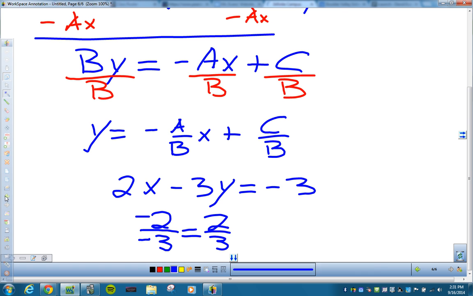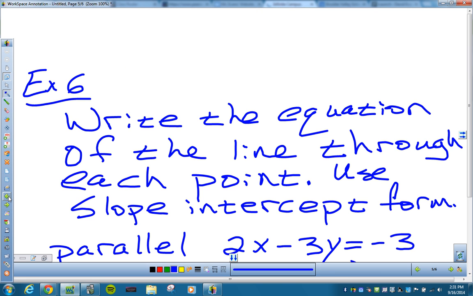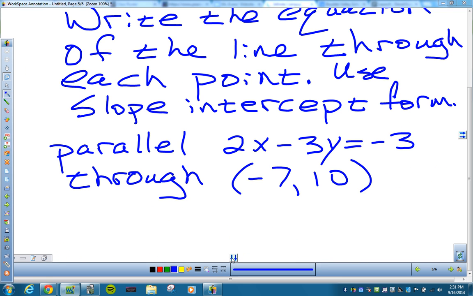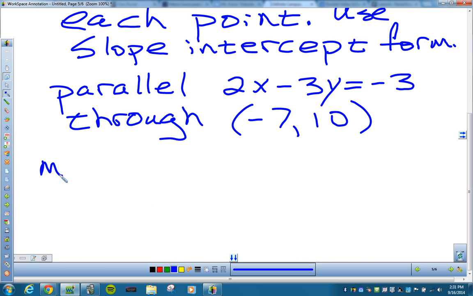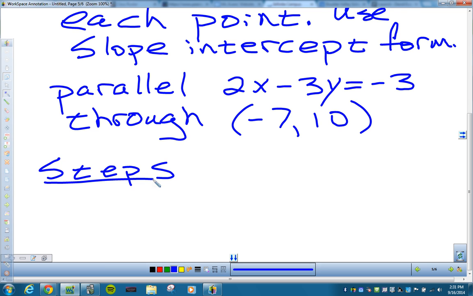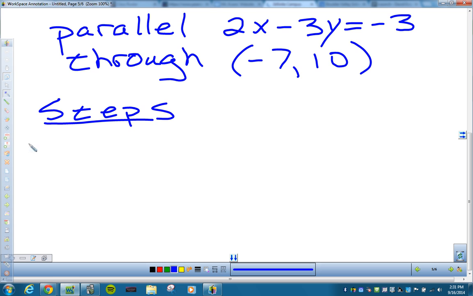So we're going to go back here. We have our slope, 2/3, and finish the problem over here. Let's write some steps though. So first step, use negative A over B to find the slope.